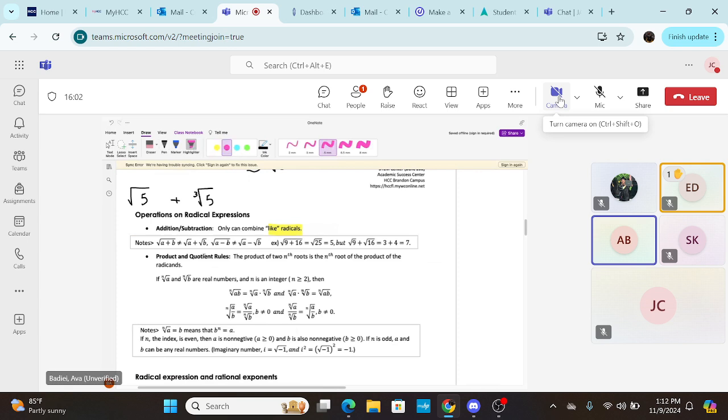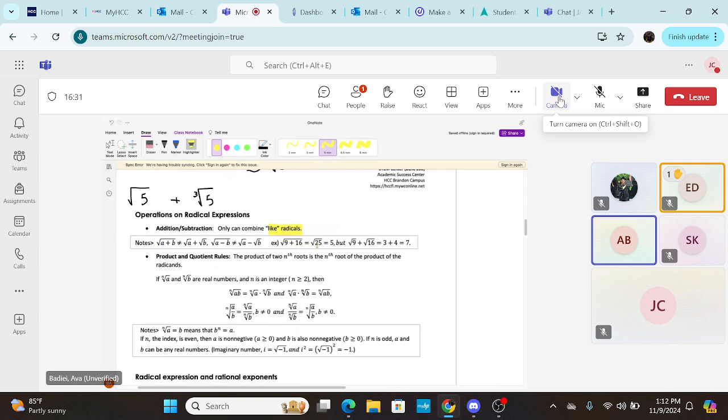Another thing that you have to pay attention to is this part. If you have square root of a plus b, you can't just separate it into two radicals. You can't say this is square root of a plus square root of b. The same thing applies to a minus b. For example, in this radical, we say square root of 9 plus 16.